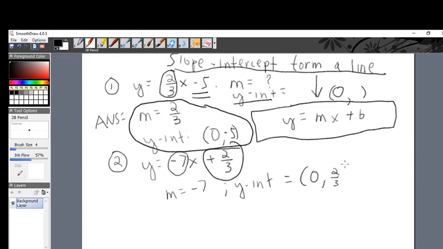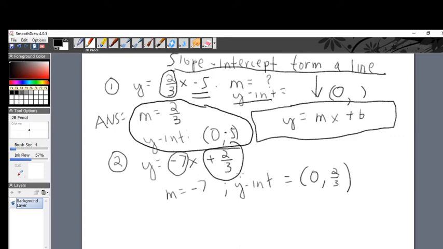That's the y-intercept of this line. For the previous line, the slope is 2/3, and it cuts through the y-axis at 0, comma, negative 5.